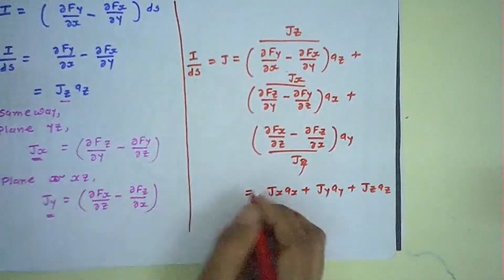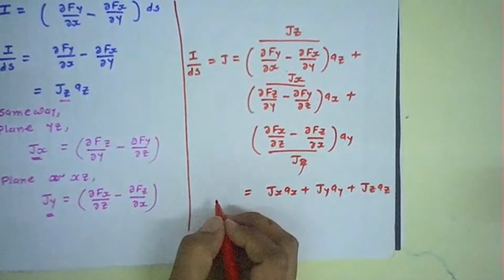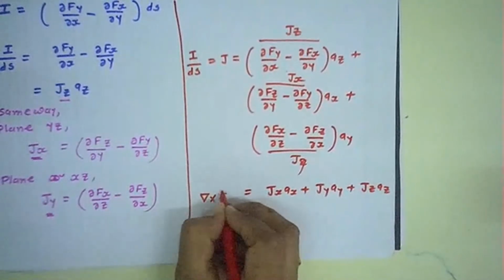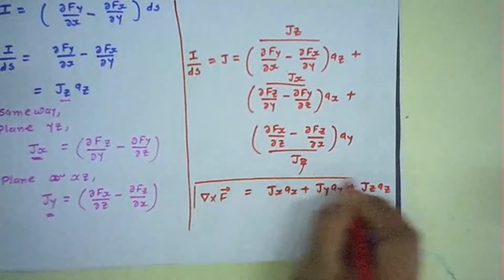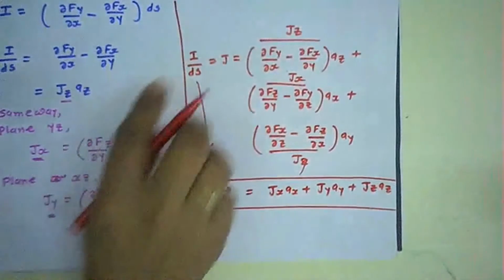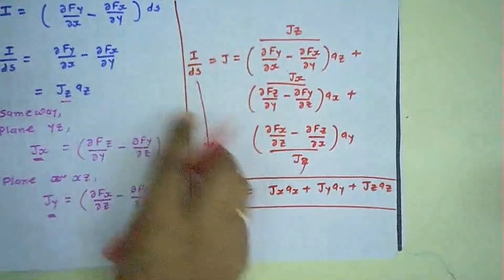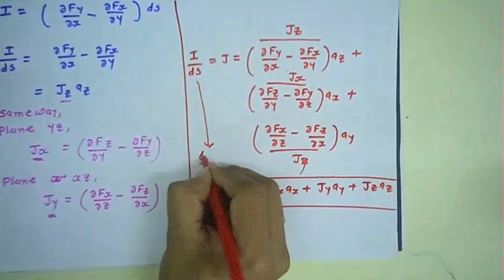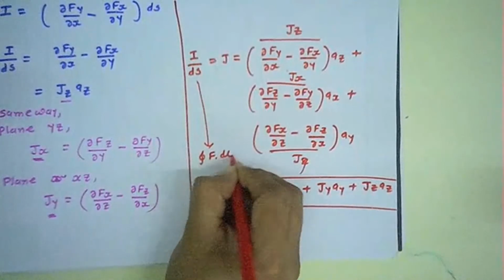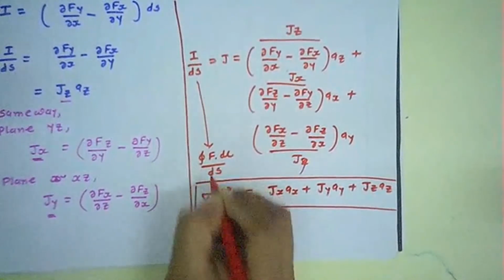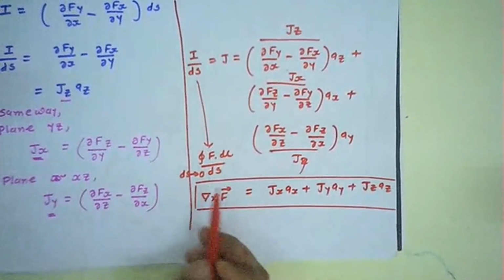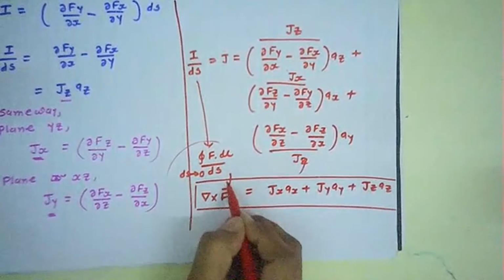So what we have done is applied the curl of the field F, which results in this. Here we have replaced the I. If I simply write the integral form, then the closed integral of F dl over the area, when the differential surface tends to 0, is nothing but the curl.